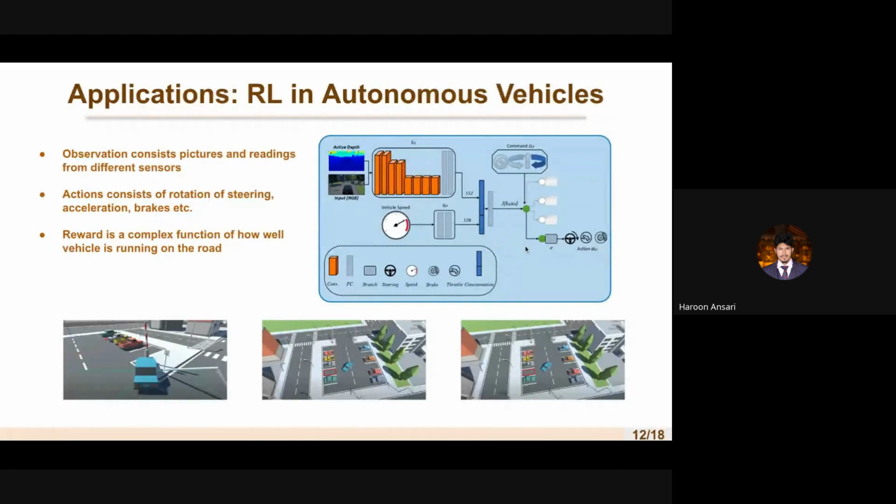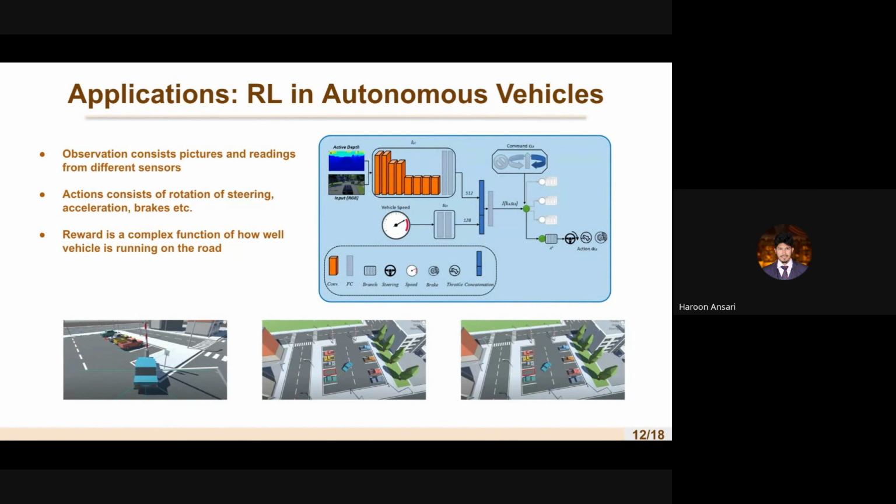The set of actions available is whether you apply the brake or not, and how much to steer. So we take all these readings from the sensors and camera, process them, and provide them to the agent. That is the state for the agent.